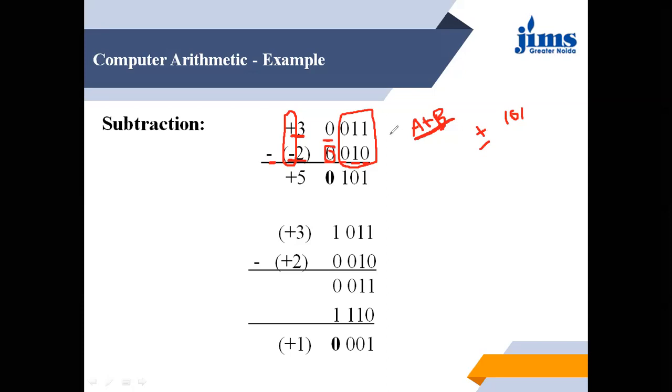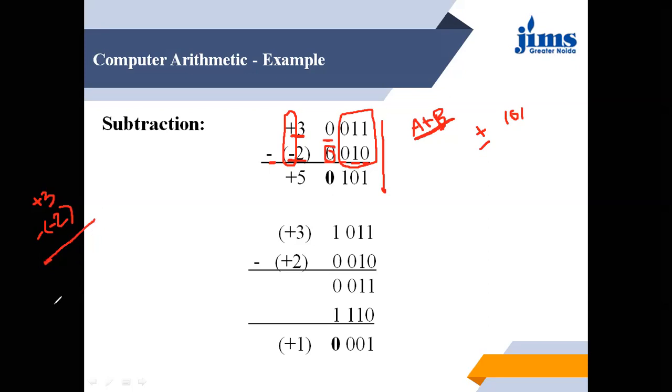Now I want to tell you how it happens inside the computer, by using the process that we studied, taking the 2's complement. I have to subtract -2 from +3.